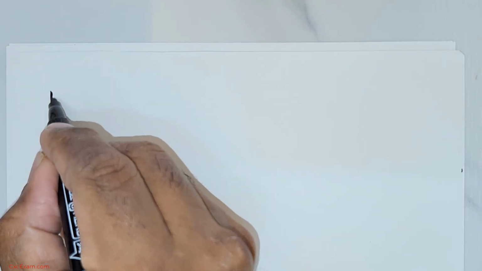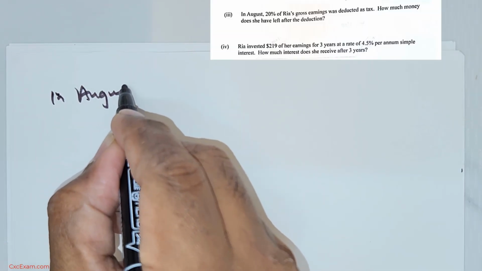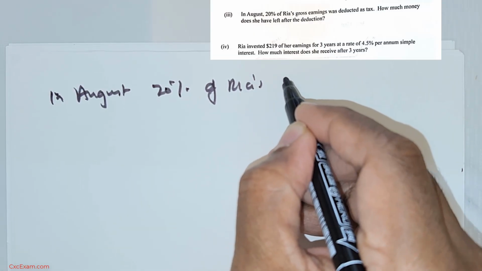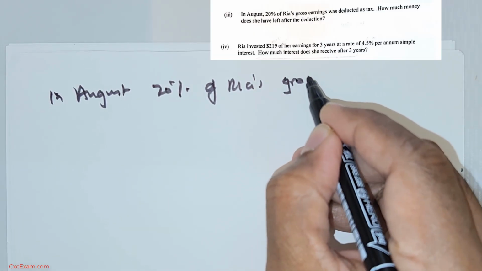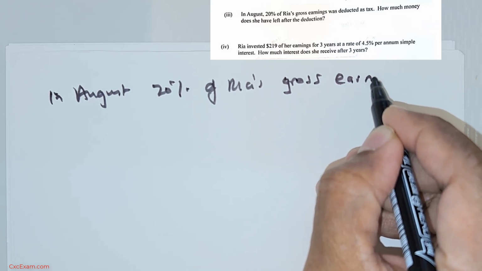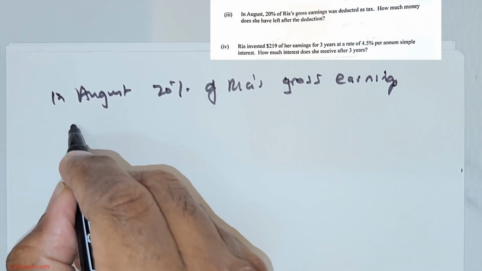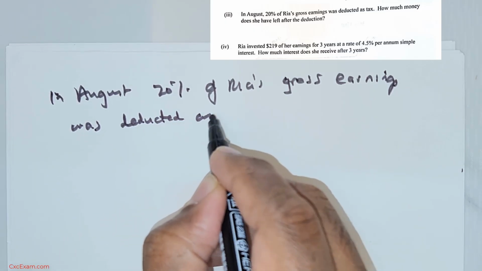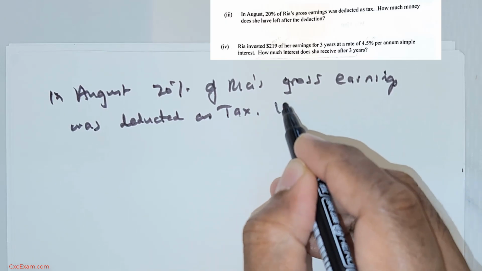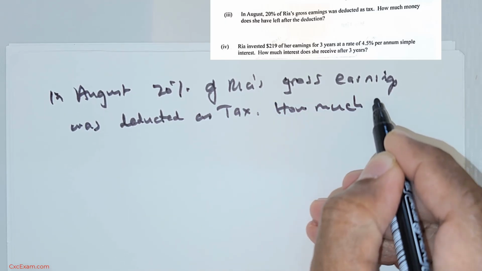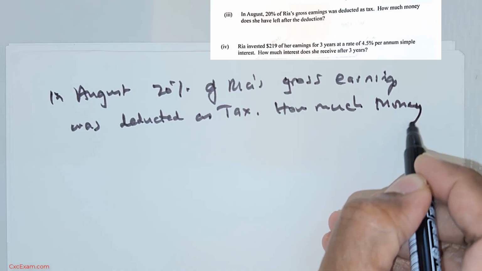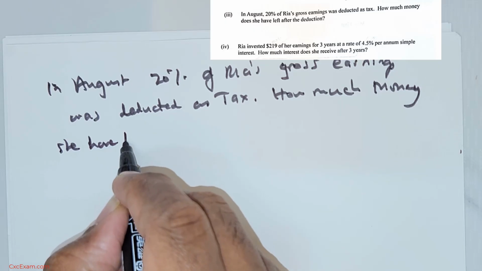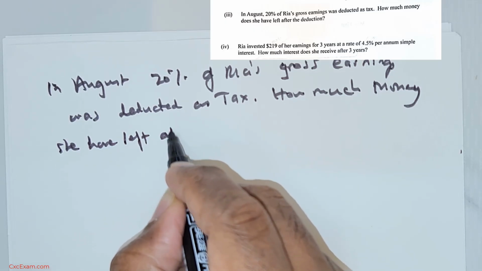This is the next question. In August, 20% of Ria's gross earning was deducted as tax. How much money does she have left after deduction?